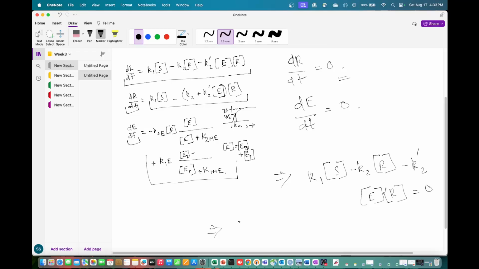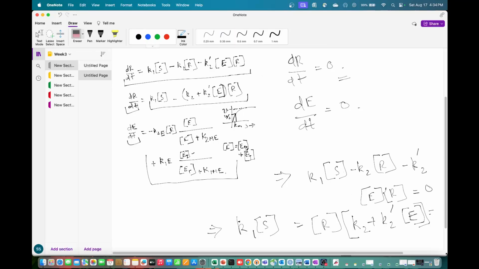So you take R on one side, so this will be k1 into S equal to, taking R common, k2 from here, and this is another k2' into E, times R. Both of them are equal.